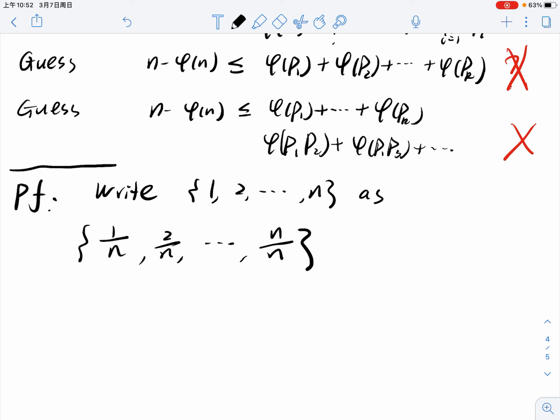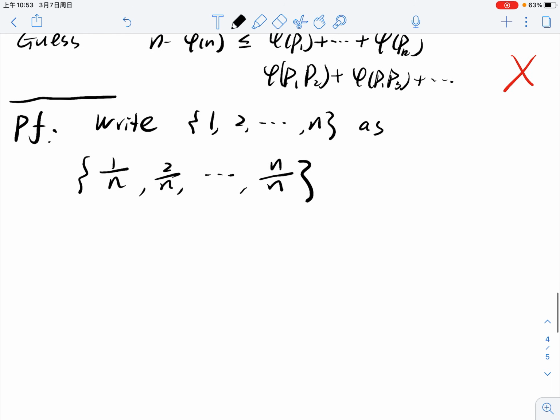And of course, some of you already noted that some of these fractions are in their reduced form, some are not. Then we are going to do some partition for this set.